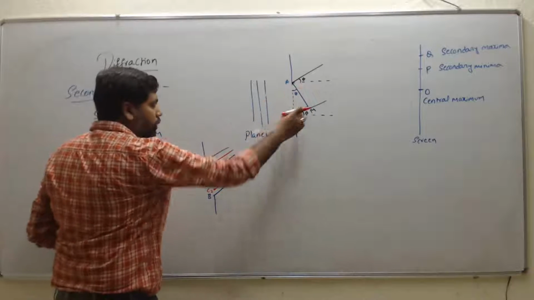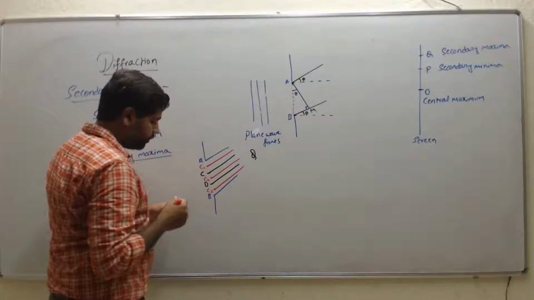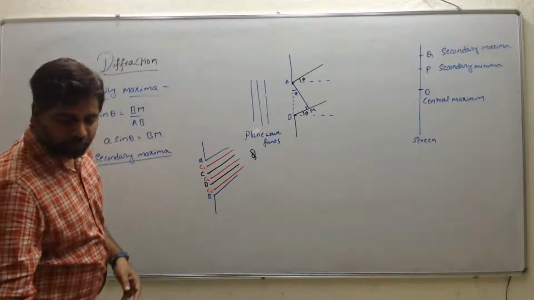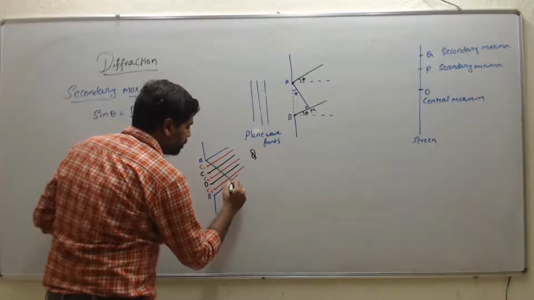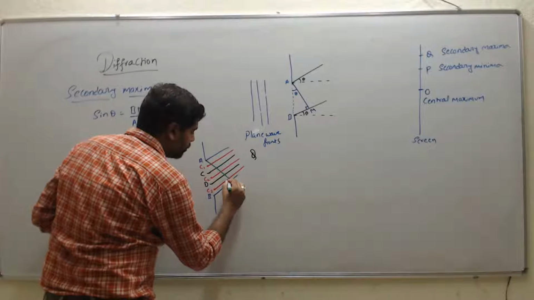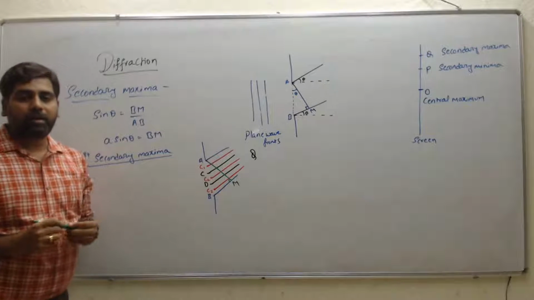If we draw the perpendicular to AB, this becomes BM. This is the perpendicular.